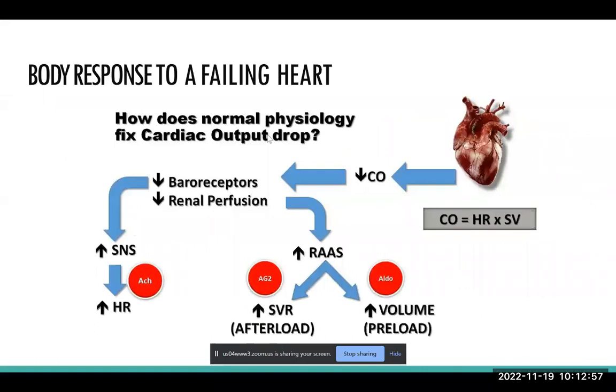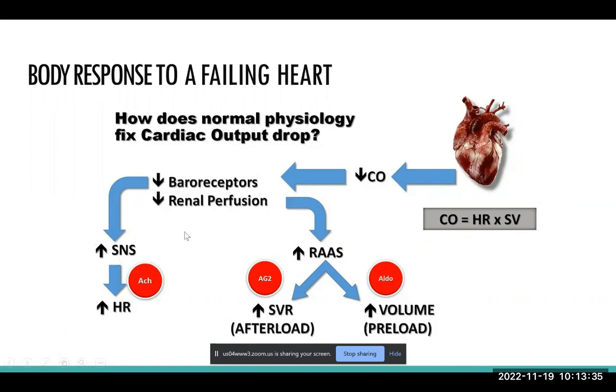If we look at the body's response to a failing heart, what we know from physiology is that cardiac output is a result of heart rate multiplied by stroke volume. Whenever decreased cardiac output happens, either due to an insult, ischemia, cardiomyopathy, myocarditis, etc., two things happen at the same time: decreased baroreceptor expression and decreased renal perfusion.